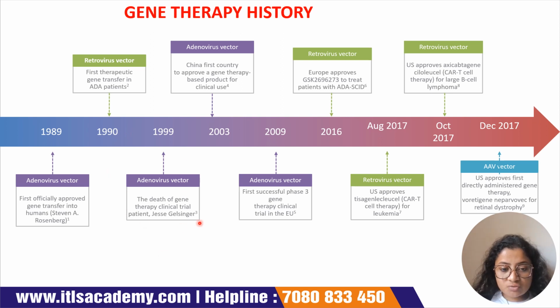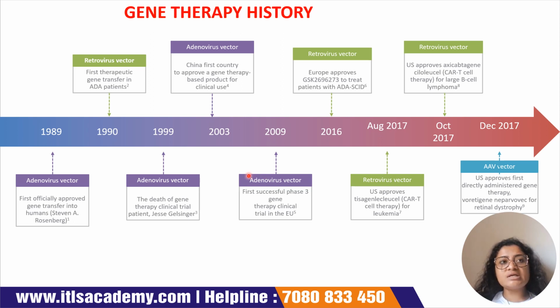The next milestone is in the year 1999, where again adenovirus vector was used, but here it is a kind of negative milestone, because it led to the death of a person in whom gene therapy was attempted using adenovirus vector, and the name of that person was Jesse Gelsinger. So that is a drawback.